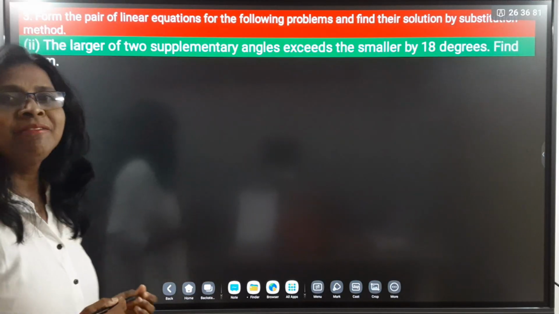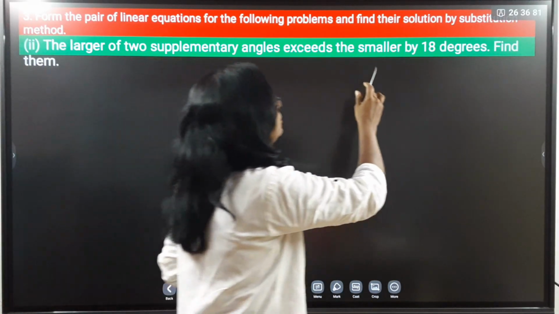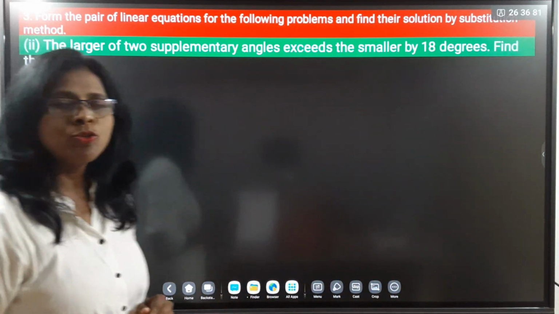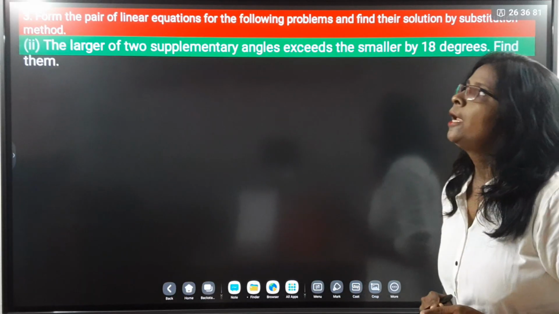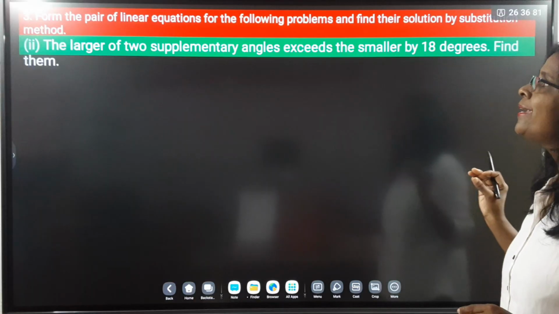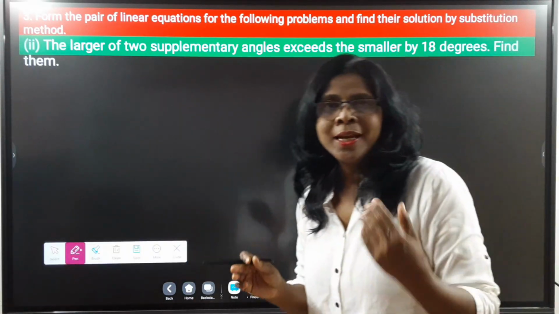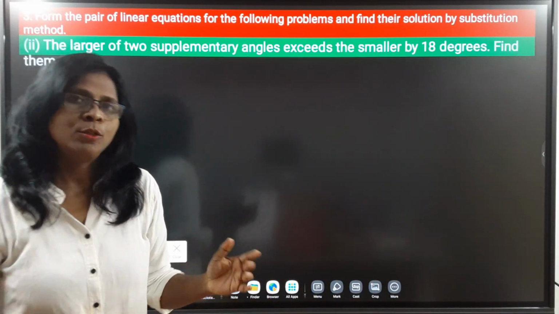Okay, the second example, students: the larger of two supplementary angles exceeds the smaller by 18 degrees. Find them. Now here, there are two conditions hidden in this example. There are two angles: the first one is the larger one and the second one is the smaller angle.